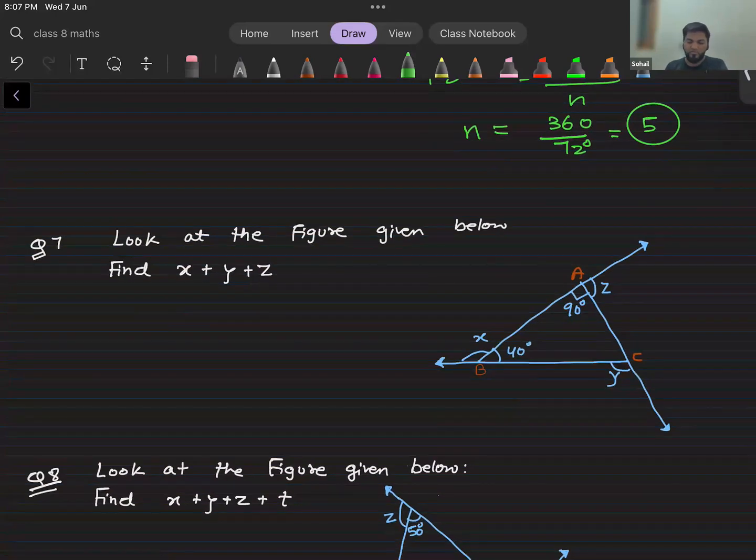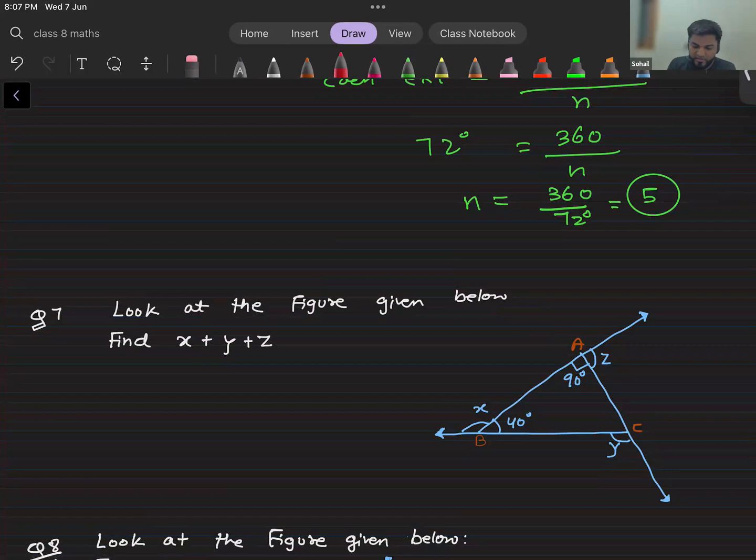Now some more interesting questions. Look at question number 7. This is the given figure here, and you need to find the sum of x, y, and z. You guys already know the angle sum property.